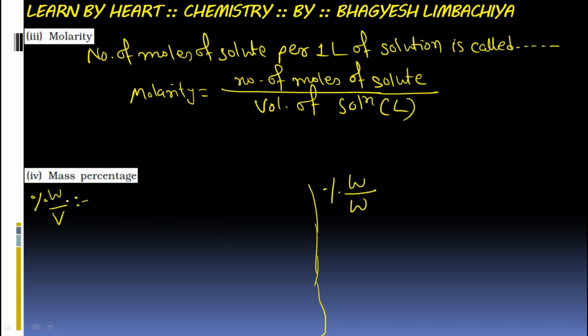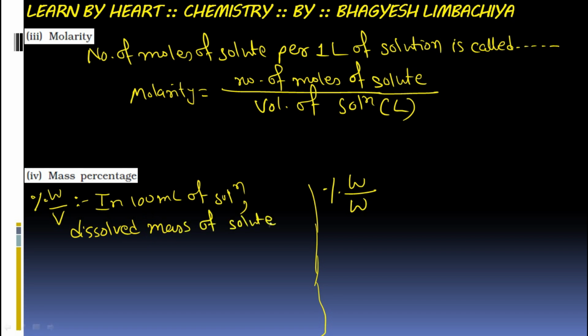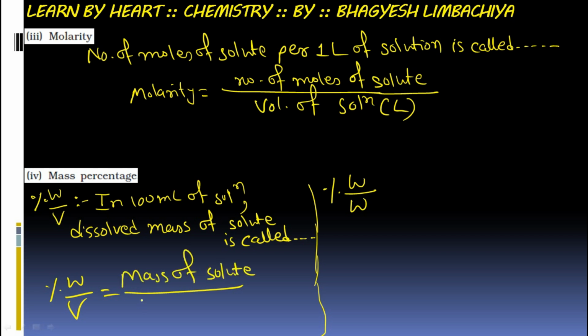The definition of percentage W by V is the mass of solute dissolved in 100 ml of solution, and the formula is mass of solute in gram divided by volume of solution in ml, multiplied by 100.